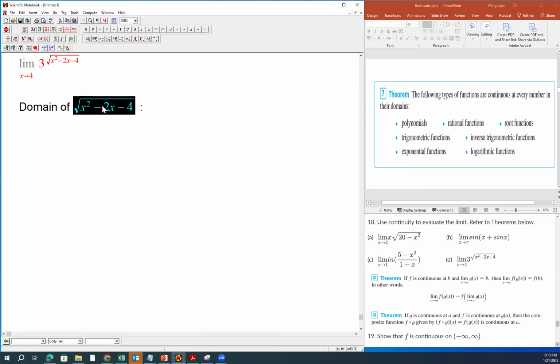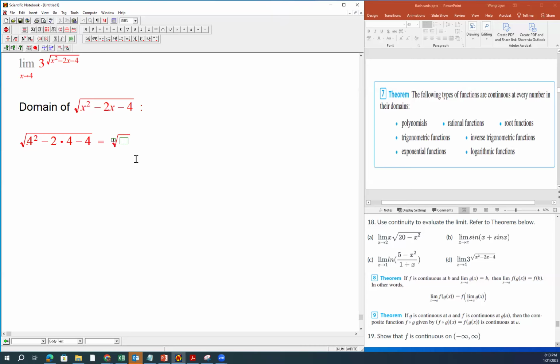Okay, so what we do is that we're going to plug in the 4. We plug in the 4, and this is 16 minus 8, and we're getting the root, right?